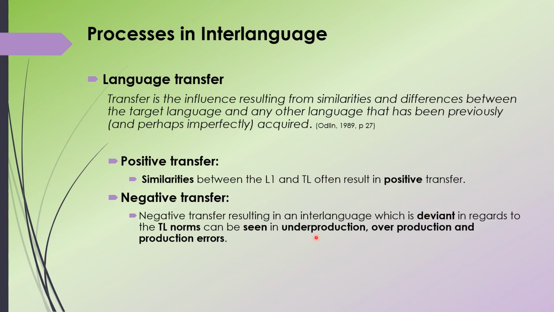But if it is not the same, if it is different compared to the target language norms and rules, it can produce negative transfer, that means underproduction, overproduction, and production errors. So in these three ways, it can produce errors, and those errors will be referred to as negative transfer.